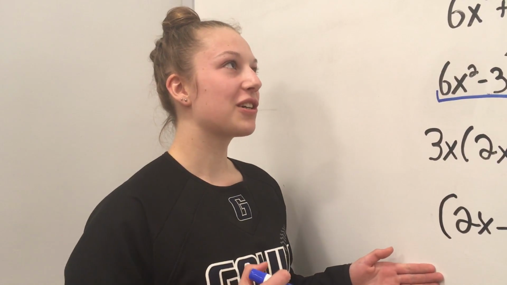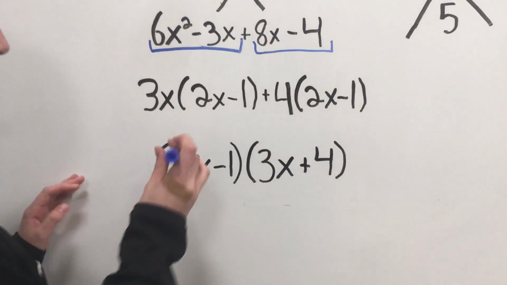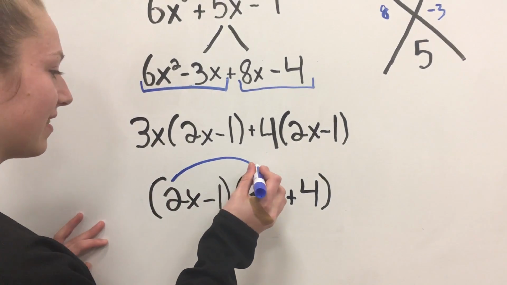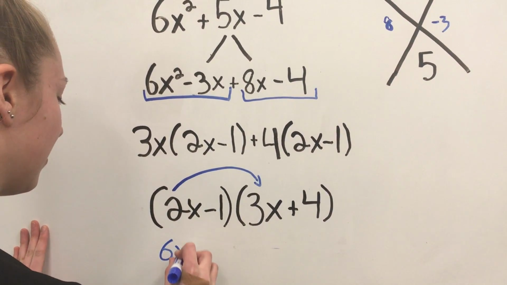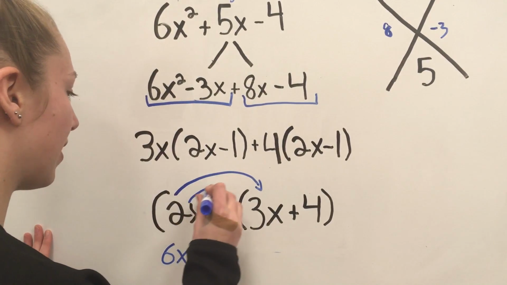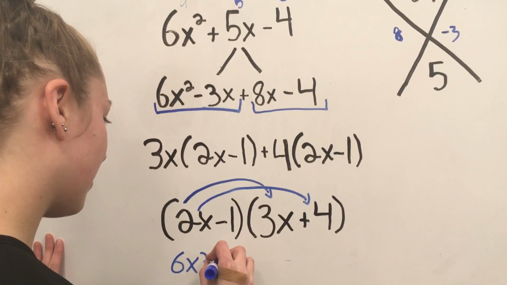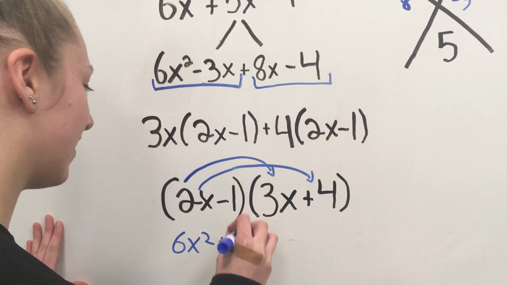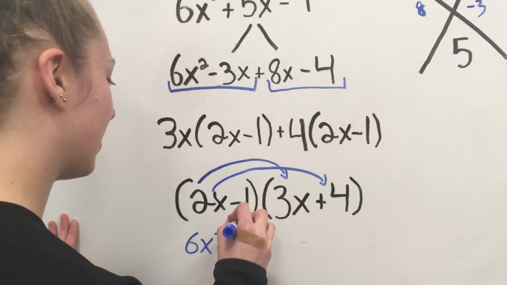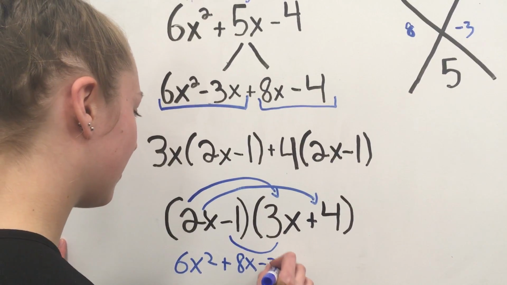If you would like to check your problem for decomposition, all you need to do is distribute or expand. So you do 2x and 3x, and that would be 6x squared. Then you do 2x and 4, which is plus 8x. And then you do negative 1 and 3, which is negative 3x.